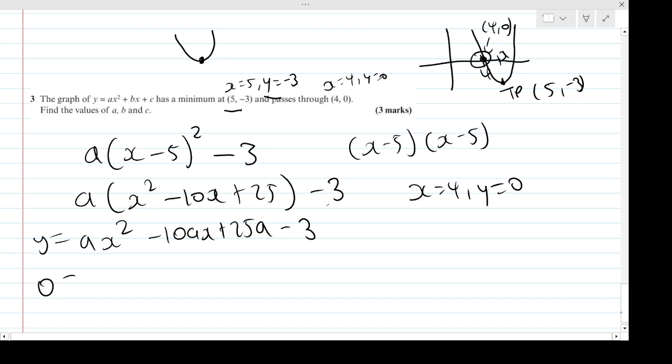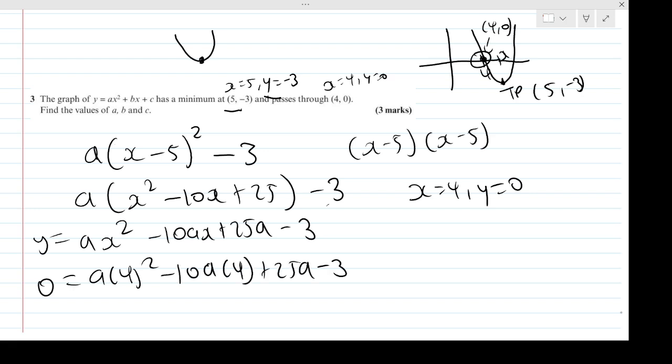So that means then 0 is a lots of 4 squared minus 10a lots of 4 plus 25a minus 3. If I were then to compute this on a calculator, that'd be 16a. 4 squared is 16 lots of a, minus 10 times 4, which is minus 40a, add 25a minus 3 equals 0.